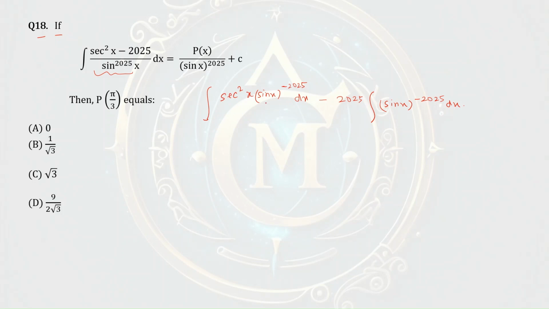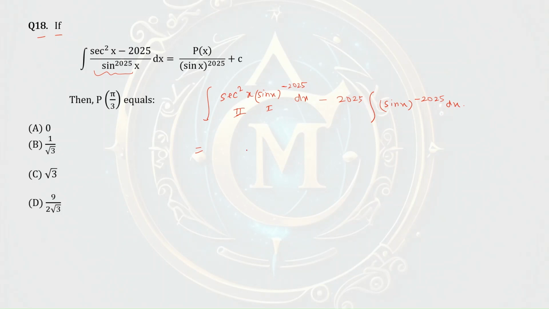Now if we apply by parts in this first integral, taking this as the first function and this as the second function, because we know that the first function is to be taken when the differentiation of that function is easier, and the second function becomes that function whose integration is easier. So integration of secant square is tan x, so this becomes easier. So I took this function as the second function.